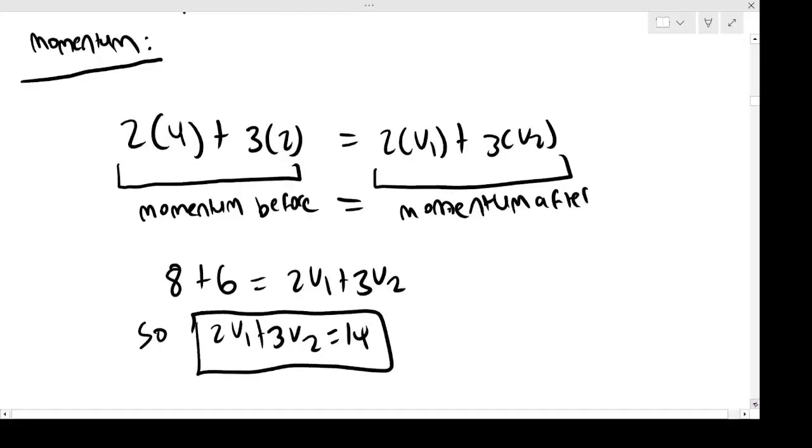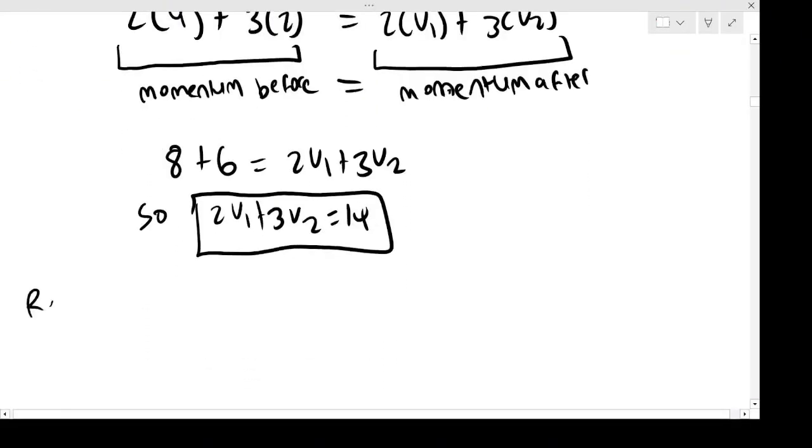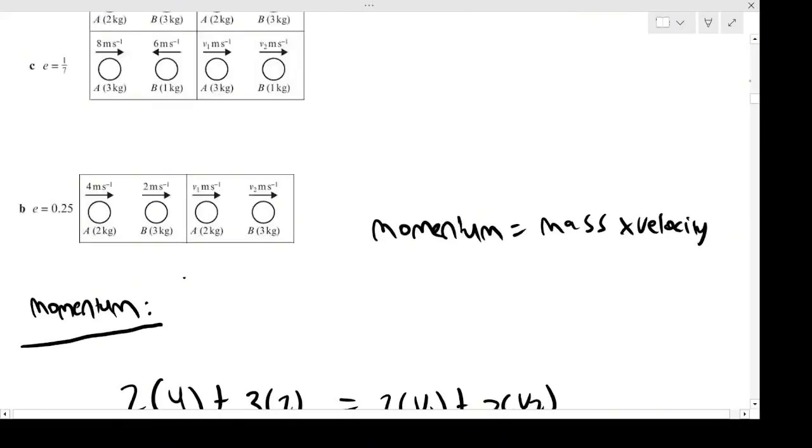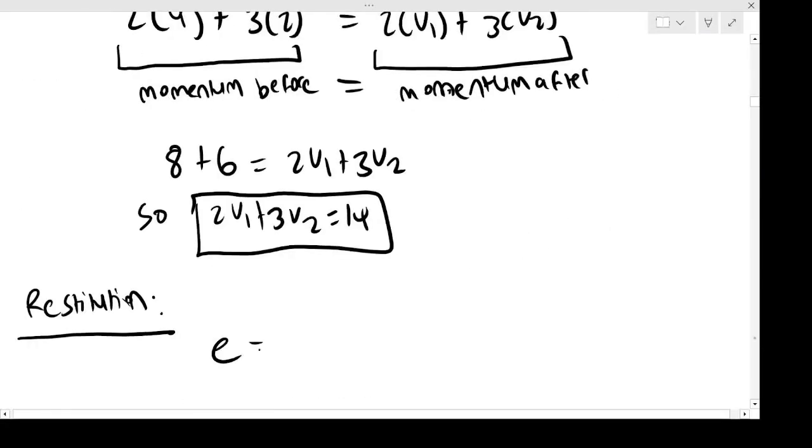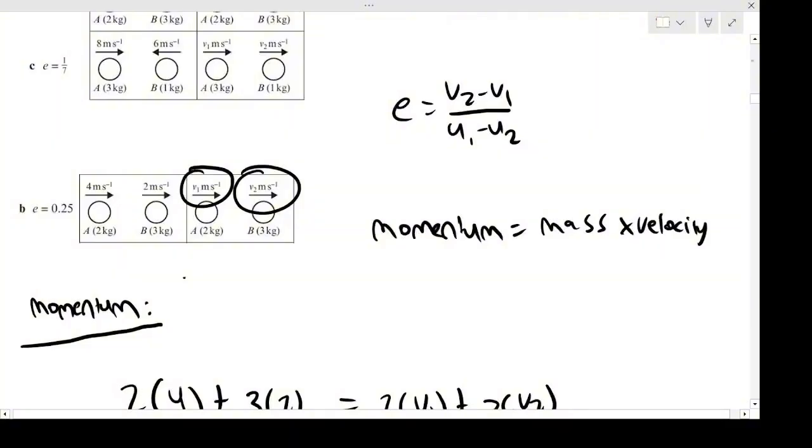Then we're going to need to apply restitution. So this is E, and remember E was V2 take away V1 over U1 take away U2, so my after speeds and before speeds. So V2 take away V1, and then divide by U1 take away U2, so 4 for U1 and 2 for U2, 4 take away 2.